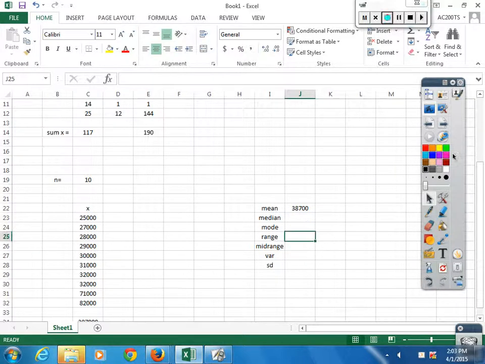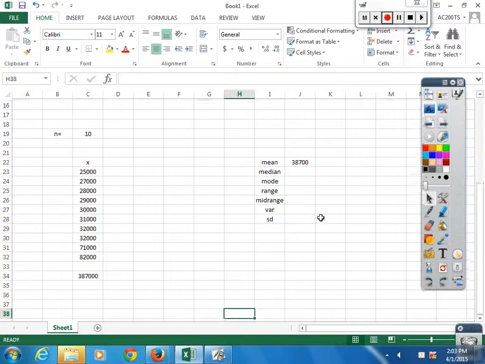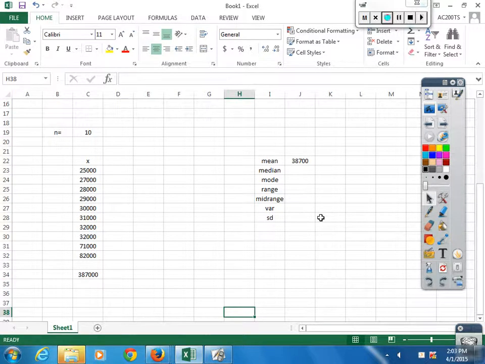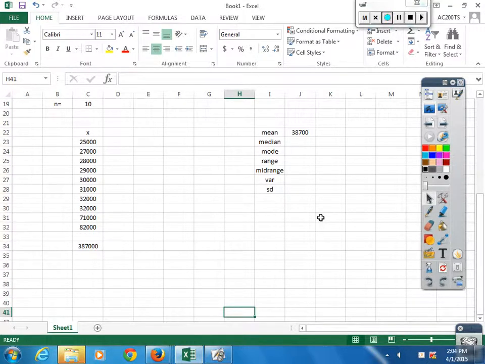Median, we have to find the middle two numbers. 1, 2, 3, 4, 5, and 6. These are your two middle numbers. I'll highlight them for you. Can you make it a little bigger? Okay, the median.